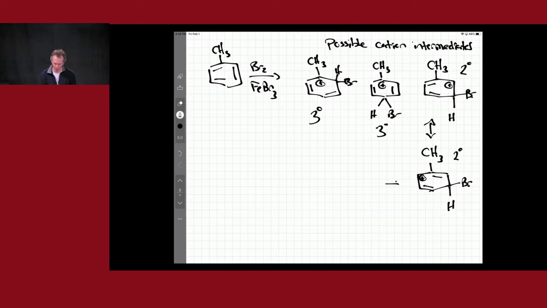And we could get to one more. But this one is also secondary. So we're never able to get to that really stable tertiary carbocation like we were when we did the substitutions, ortho or para.